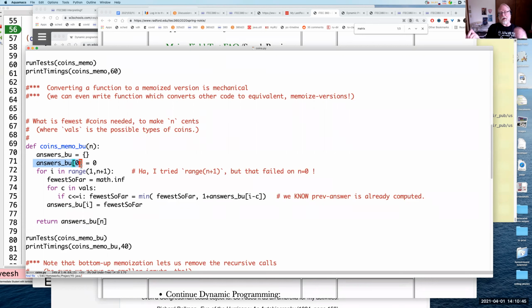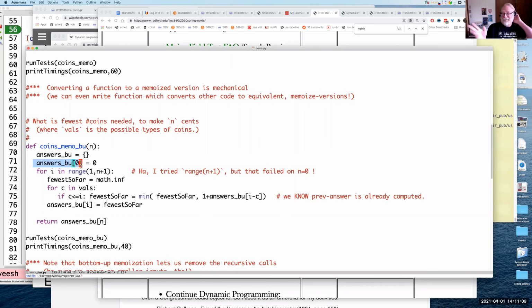So when you're coming along, you're saying, I want to fill in element 6 of this array. It's pretty easy, because when you want to fill in element 6, you can just look back. You know that in your array, you already have filled in everything smaller because you're working bottom up. So what is coins of 6? I can look in my array at the optimal answer for 5, and 6 minus 3, and 6 minus 4.